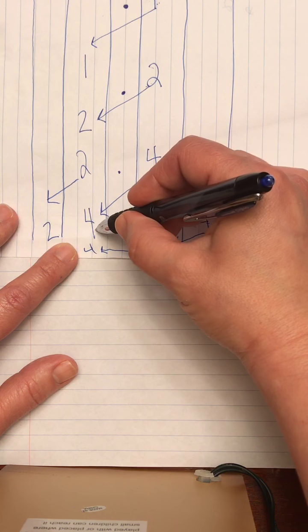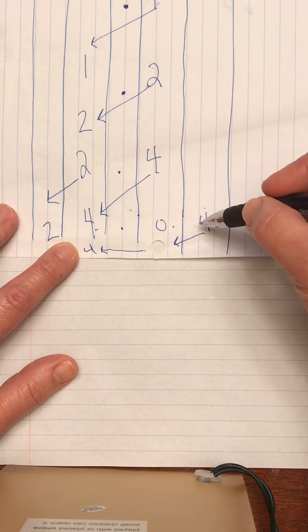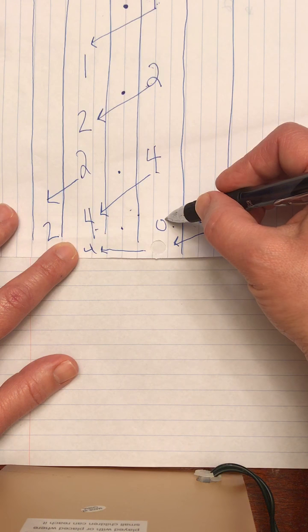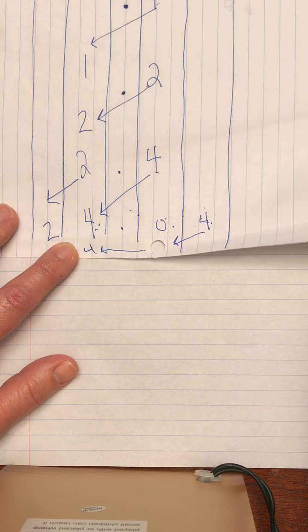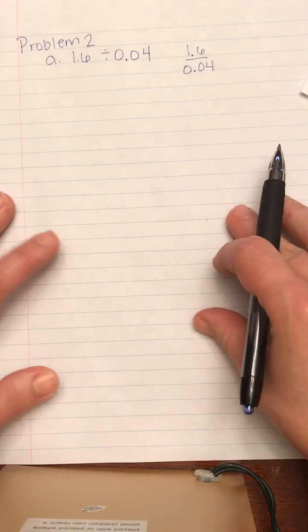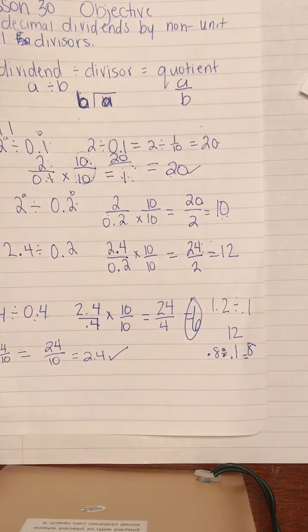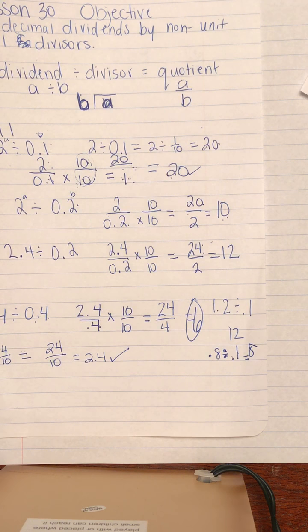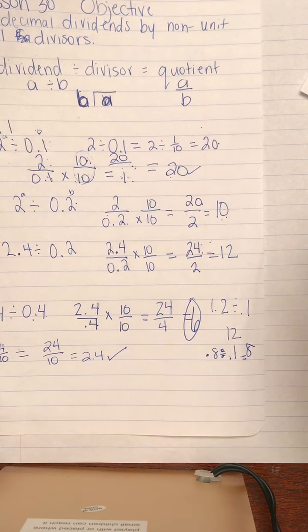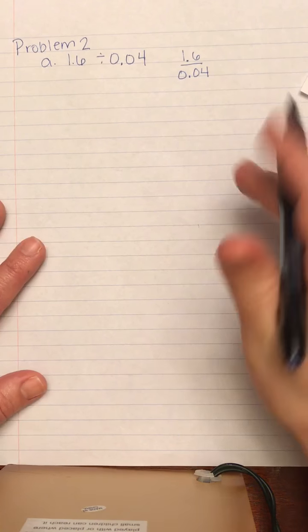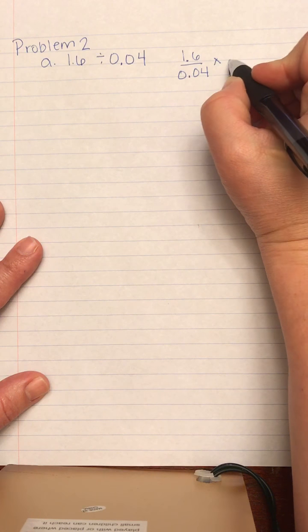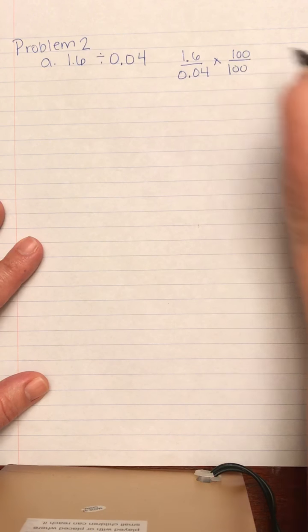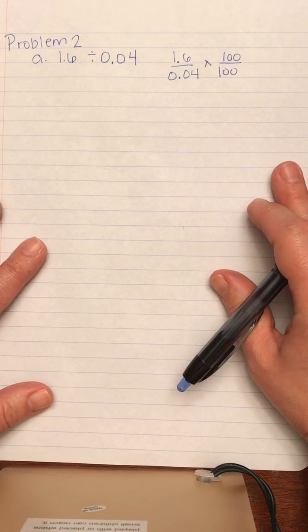Here I would have gotten 4 as a whole, so I've multiplied 4 by 10 times 10 is 100. So when we were multiplying with a denominator that had a value in the tenths place, when we shift to the hundredths place, we're going to multiply that by 100. I bet you guys figured that out. You're a rocket scientist. You've got this.